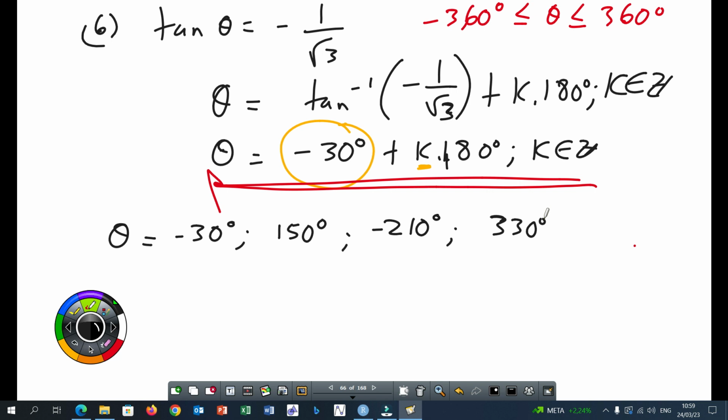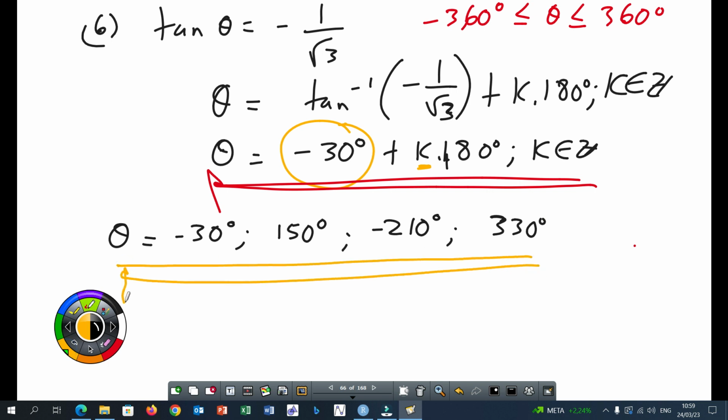So these will be the 4 solutions based on this restriction. But it doesn't mean that they are the only solutions. There are others that are more than 360 and others that are less than minus 360. Because there are so many of them, we just restrict you to a few of them. Are you following?